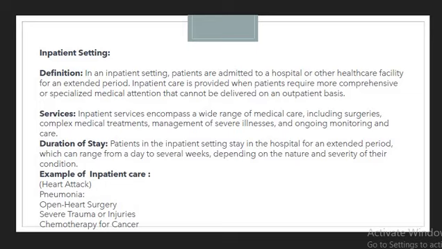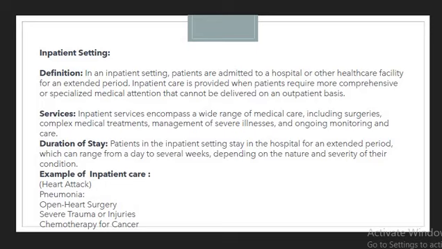Further, it is saying inpatient care is provided when a patient requires more comprehensive and specialized medical attention. As I told you, in case of major issues, special or comprehensive medical treatment is provided that cannot be delivered on an outpatient basis. Because if the issues are major, how can we consider it as an outpatient, right?